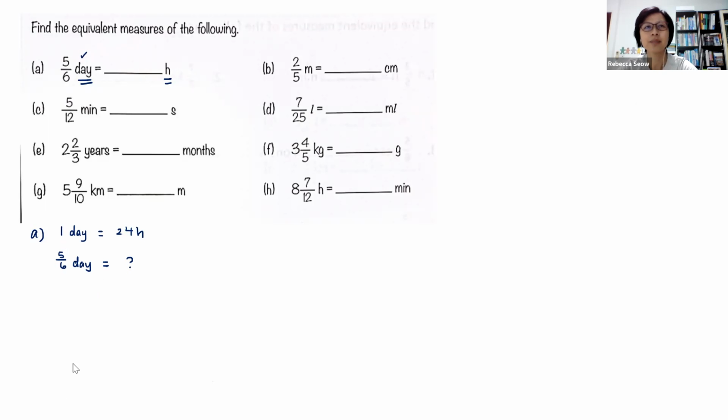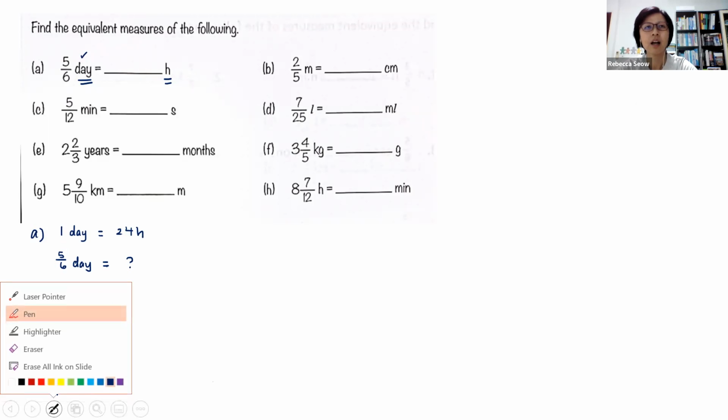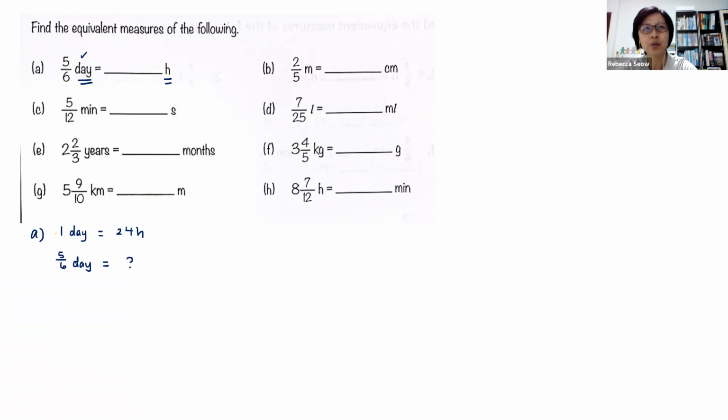I will have to ask myself a question: how do I multiply 1 such that I get an answer of 5 out of 6? 1 times 5 out of 6 will give me 5 out of 6. So I multiply 1 by a factor of 5 out of 6 to give me 5 out of 6 on the left hand side. In the same way, I will do the same for the right hand side.